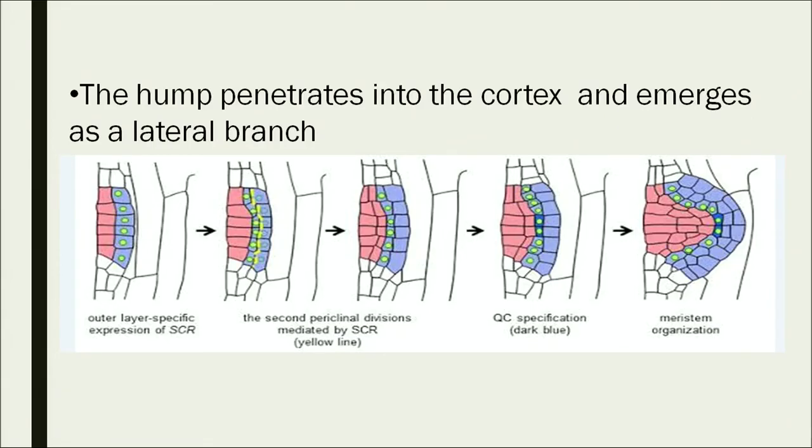Now, they start dividing, and in figure 3, you can see that from 2, now 4 layers have been formed, and slowly one hump starts appearing. In the last figure, the meristem gets organized and a lateral root starts developing from the deeper layer of cells. This is how this hump penetrates into the cortex and emerges as a lateral branch of the root. All right, so this is how lateral roots develop.